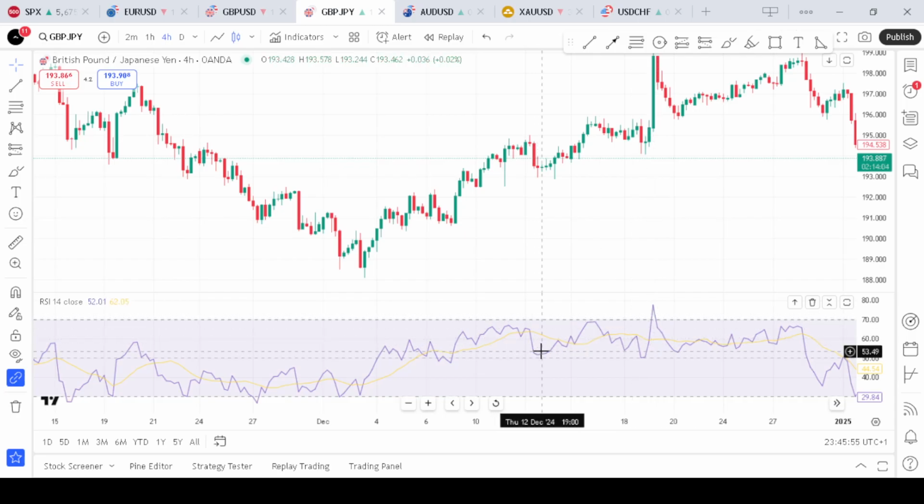Conversely, when the RSI falls below 30, it suggests that the asset might be oversold and could be preparing for an upward movement. These key levels serve as a warning signal that can help you time your entries and exits more efficiently. So these are typically the zones we are talking about: overbought and oversold. Once it's below 30, we're looking at oversold regions, and once it's above 70, we're looking at overbought.